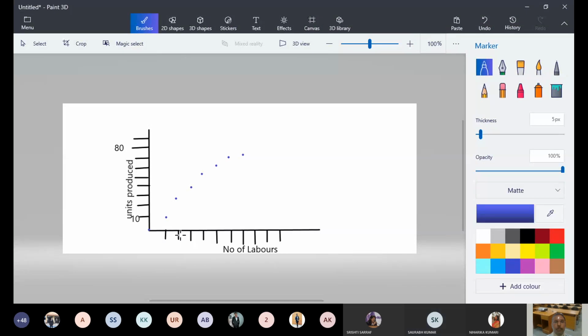So 8, 72 will be slightly here. This is also 72, same. And then we have 70. So we come back to this point with the 10th labor. So we have now got to just join this.